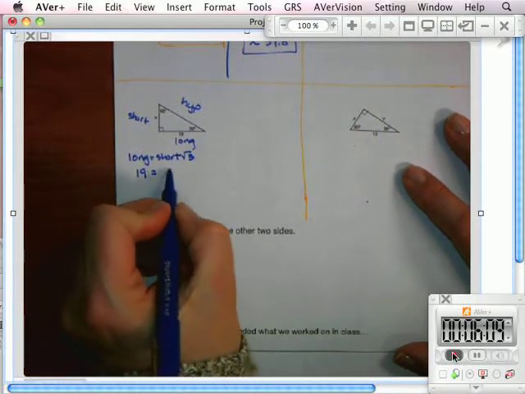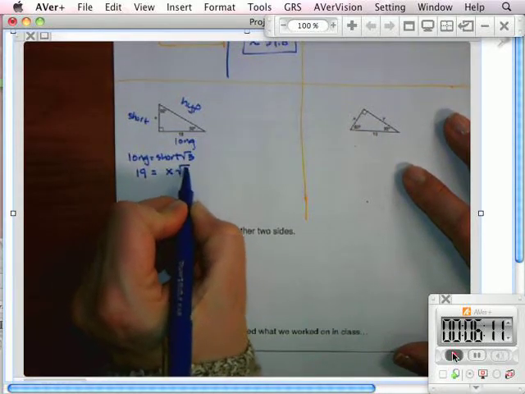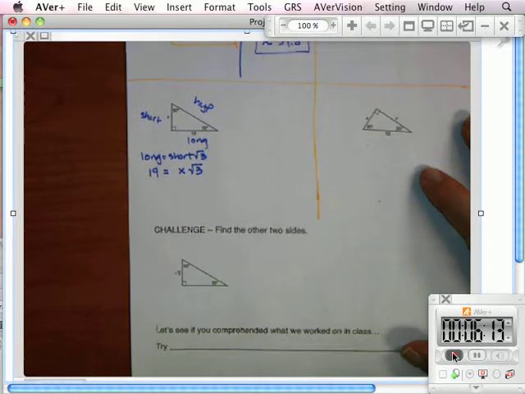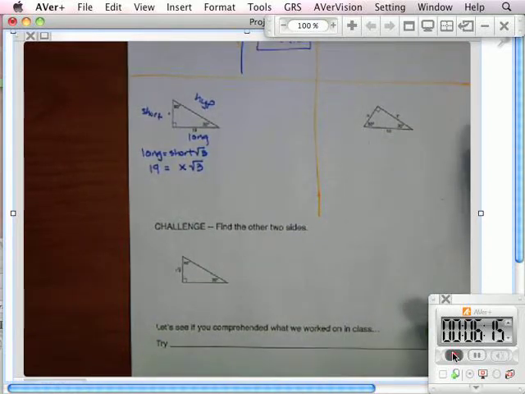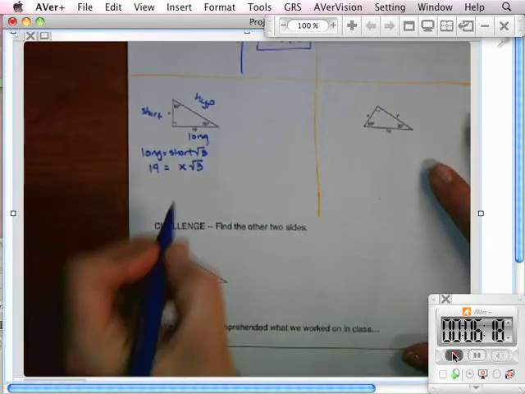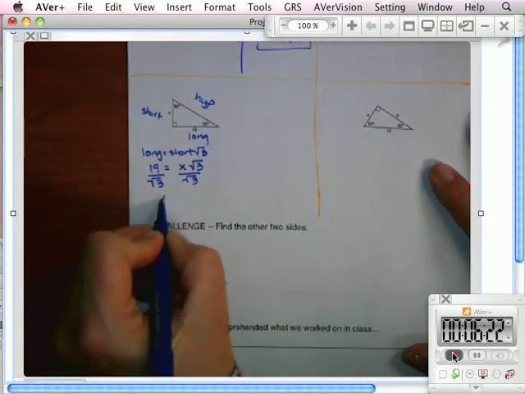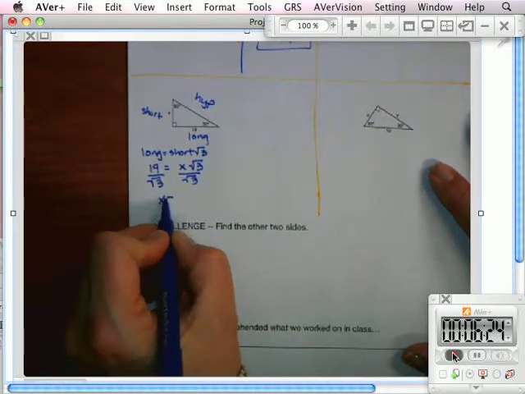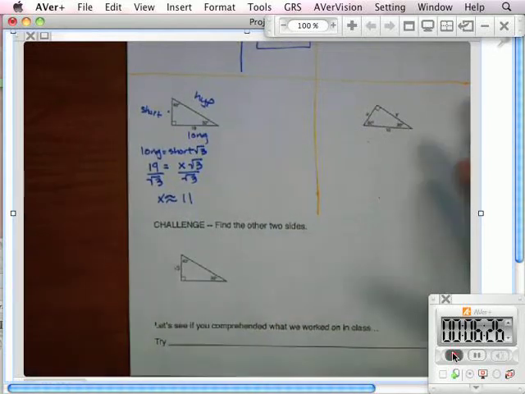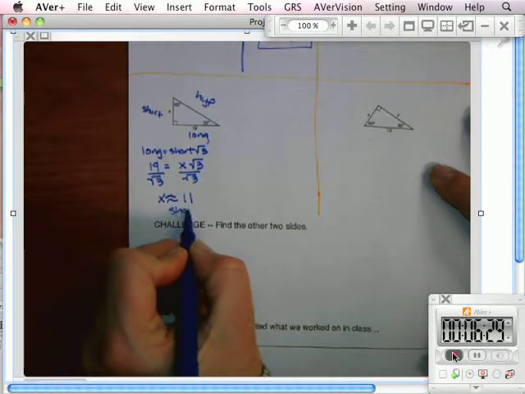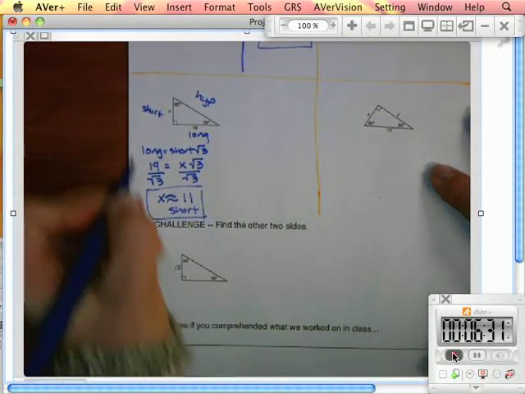I know the short is x, and square root of 3. How do I solve for x? Divide by square root of 3. So x is approximately 11. That's my short.